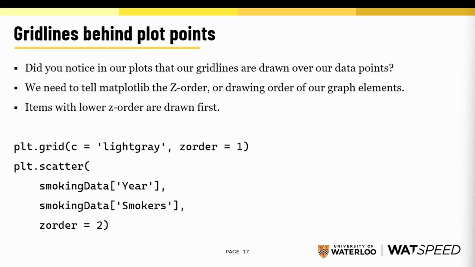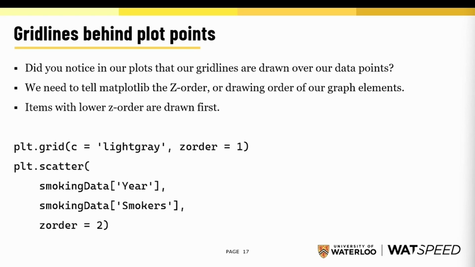Now, you may have noticed that our grid lines have been drawn over our data points. By default, Matplotlib is going to draw the grid lines over everything else. However, if we want them to be in the background behind our data, we need to manipulate what's known as the z-order. Items with a lower z-order on our graph will be drawn first.